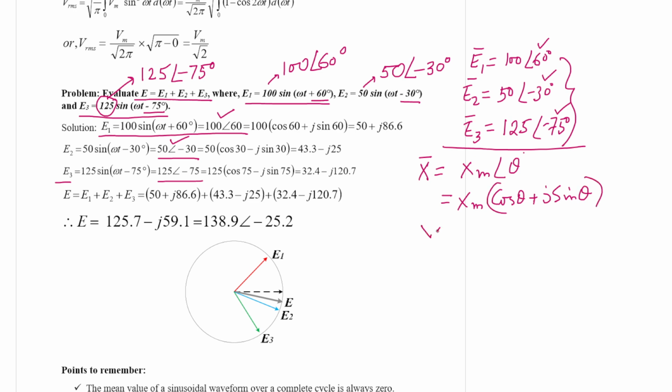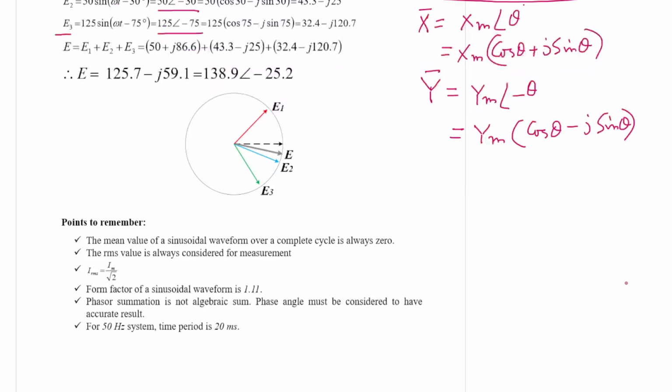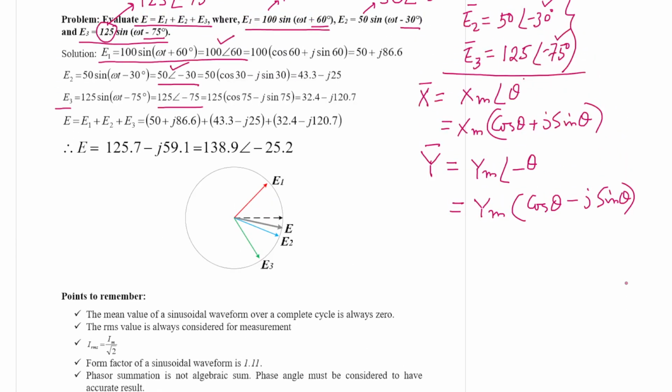On the other hand, if we have another phasor y, its magnitude is ym and angle is minus theta, then it can be expanded in this manner: ym into cos theta minus j sin theta. So you have a cos theta value and a sin theta value, and accordingly you will get a phasor notation.